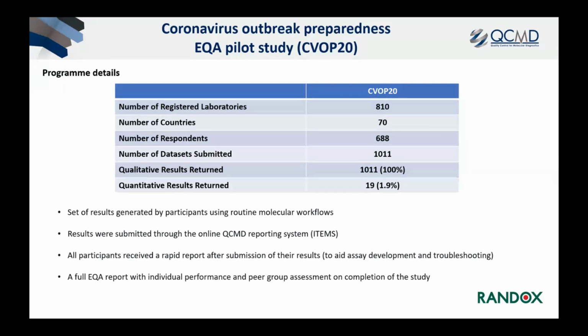One addition, and this is completely unique to this pilot, was that we realised early on that laboratories needed instant feedback on what the panel contained, and on submission of results we provided the laboratories with a panel composition rapid report. This allowed the laboratories, before they even had their individual report that would give them their assessment, to do their own troubleshooting, and it helped aid their own assay development.